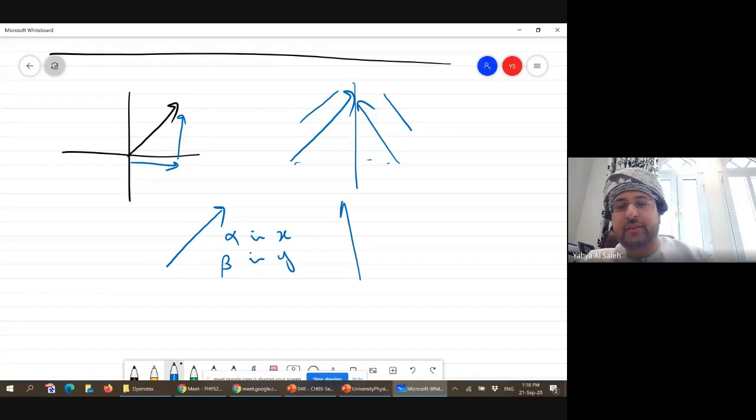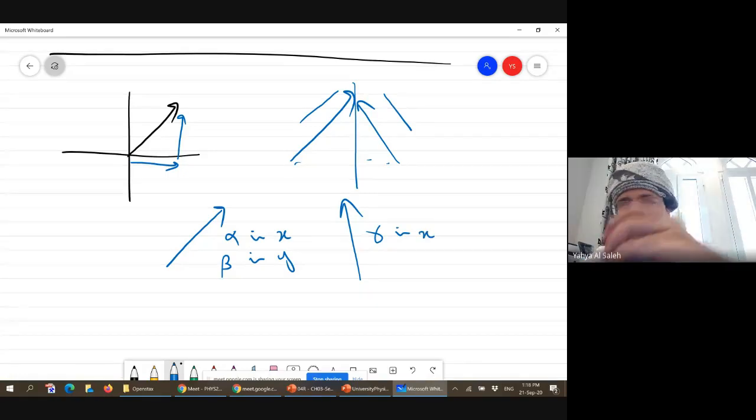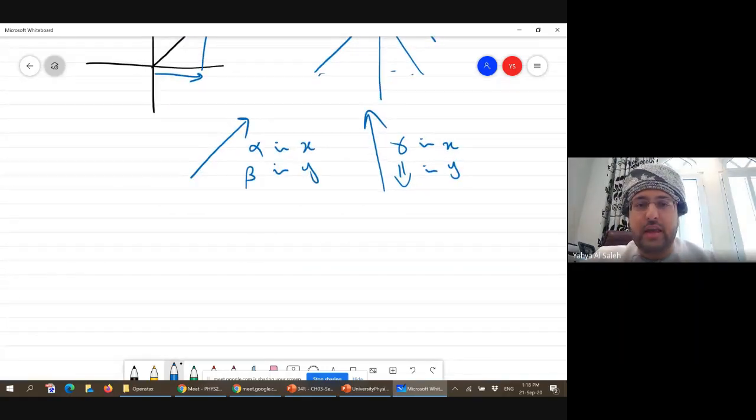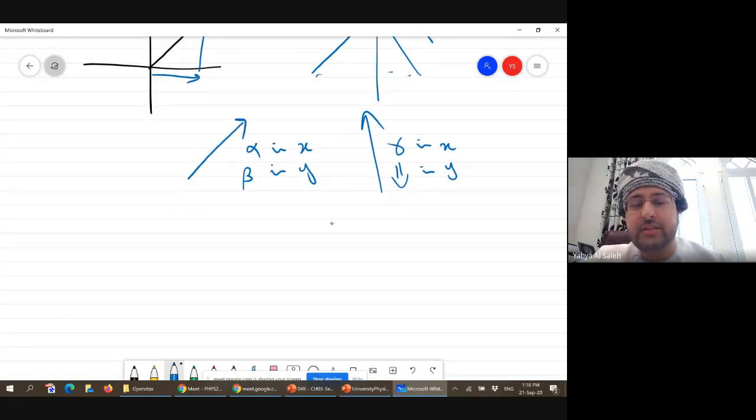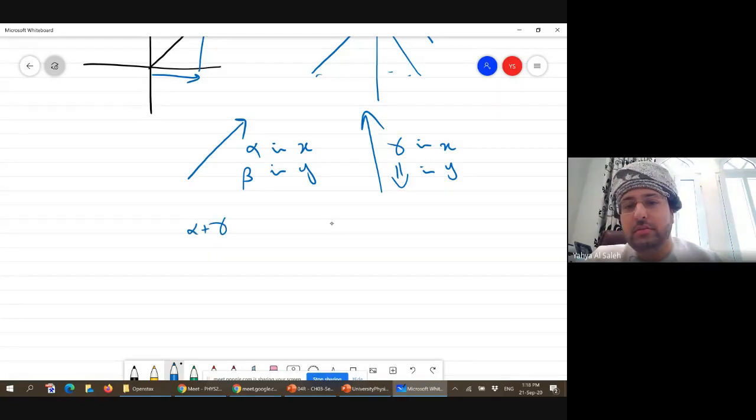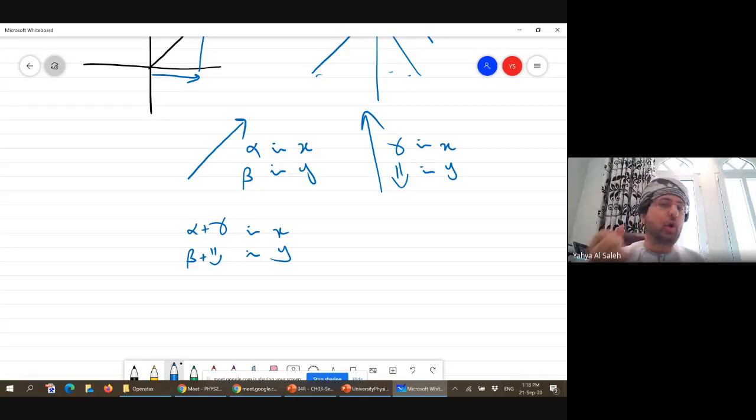Then I take this other vector of mine, I say it is this many units in the x direction and this many units in the y direction. And what I do is I say the resultant vector is the sum of these two numbers in x and the sum of these two numbers in y. So no drawing needed, no figuring out needed.